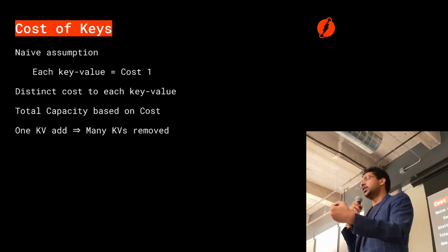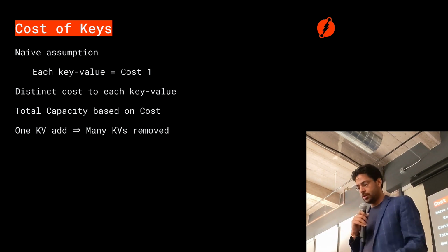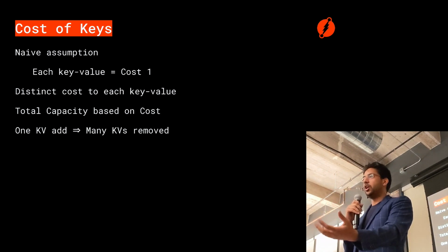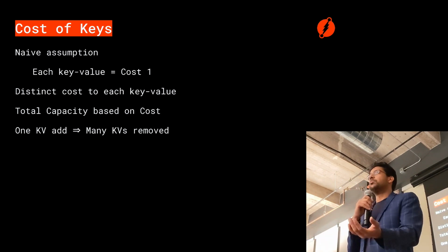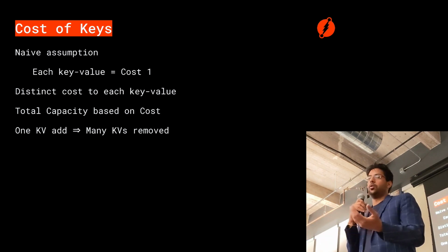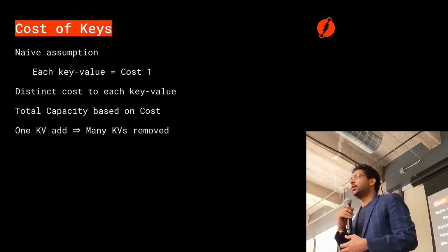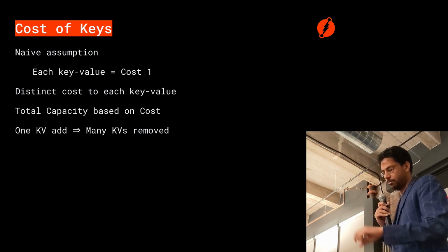So you could say that the cost is in bytes. You could say my cache should store 1 gigabyte of data, and if the value is, let's say, 32 kilobytes, it could displace many smaller key values which might be of, let's say, 100 bytes or 200 bytes or 1 kilobyte, right? So the cache is aware. It gives you those kind of mechanisms.